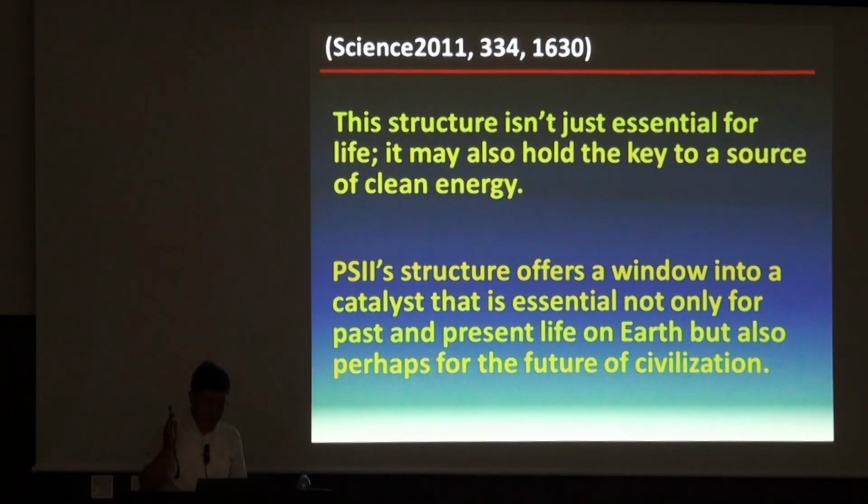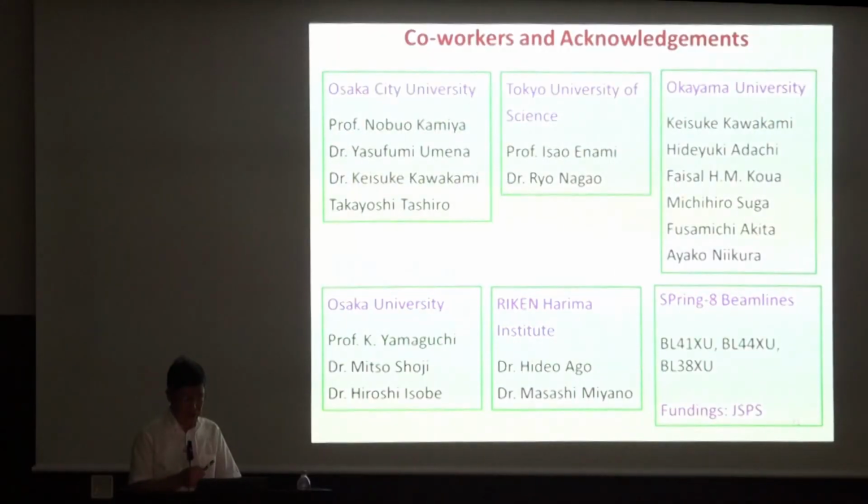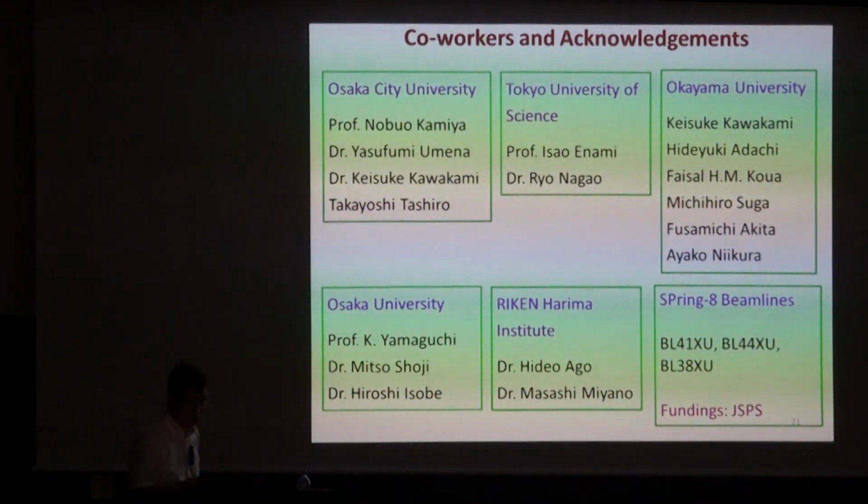Because the oil and most of the energy we use today depends on photosynthesis in the past. Oil is produced from organic substances produced by photosynthetic organisms in the past, and also present, but probably also of the future. So we are very happy to see this.